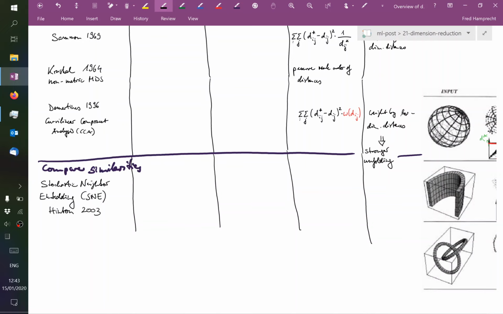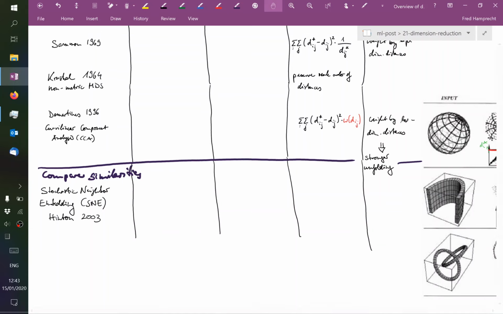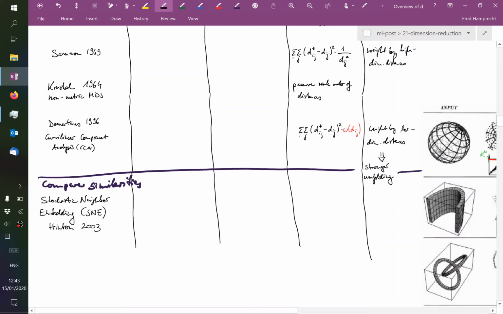And the similarity that he used in the high-dimensional space was simply a radial basis function. So he used a kernel between xi and xj, where the kernel has been a radial basis function, or RBF for short.